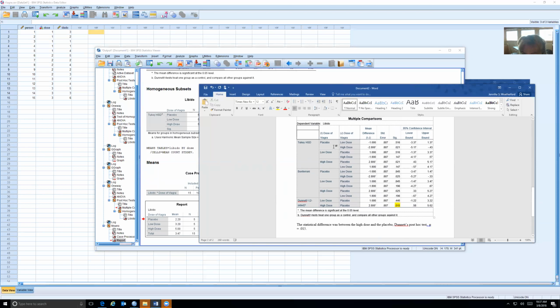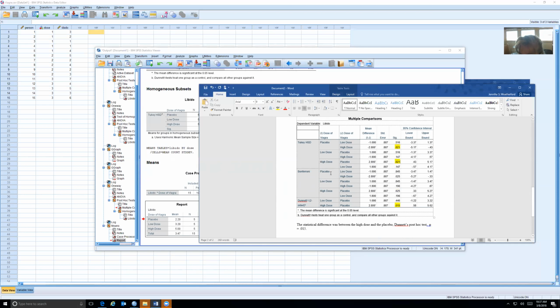If you chose Tukey, for example, look right here. Here it is, 0.021. There's a significant result, and sure enough, it's placebo versus high dose. Notice that Tukey has some repetition. Here's the same result, 0.021. It's high dose versus placebo.